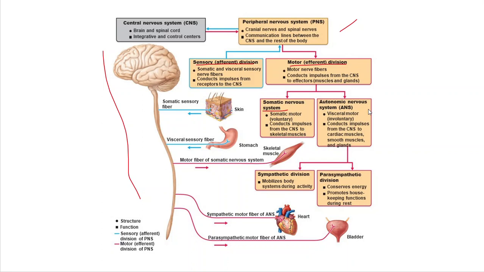The ANS, or the autonomic nervous system, cardiac, smooth muscle, glands. Now, the sympathetic division is the fight or flight division. This is the guy that prepares you to either run or fight when you feel like you're in danger.